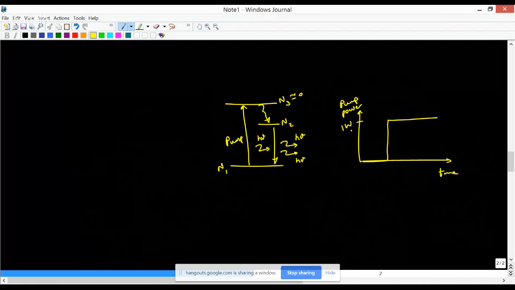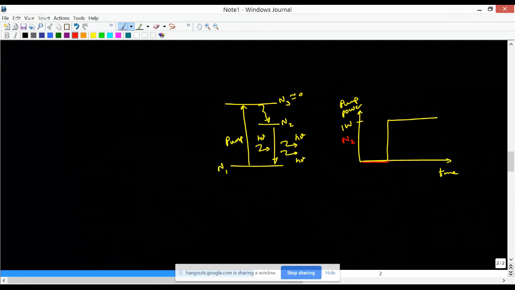In this sort of scenario, how does the system respond to that? Let's say now we are tracking N2. So in the same axis, let me track N2. N2 is actually 0 when the pump is 0.